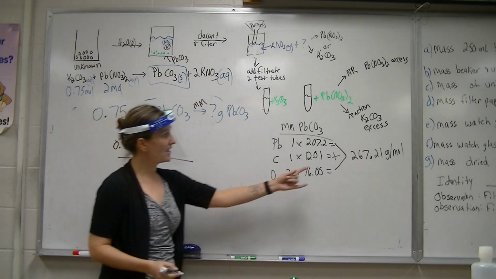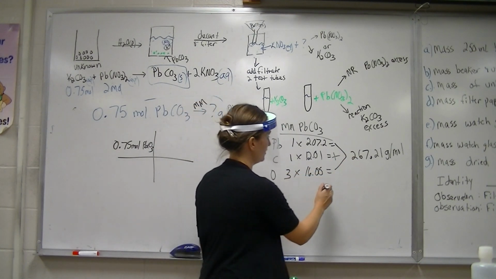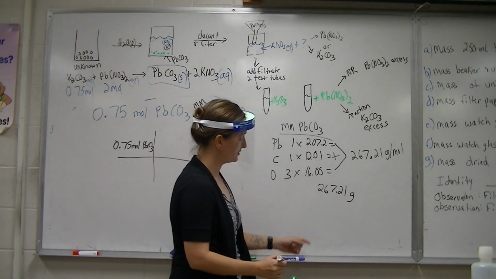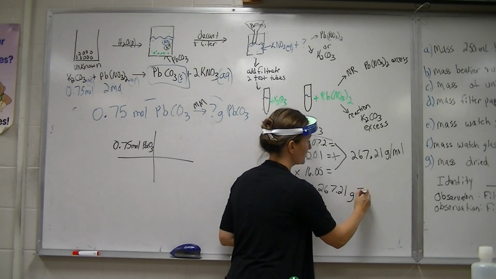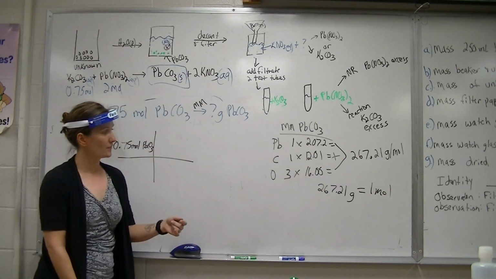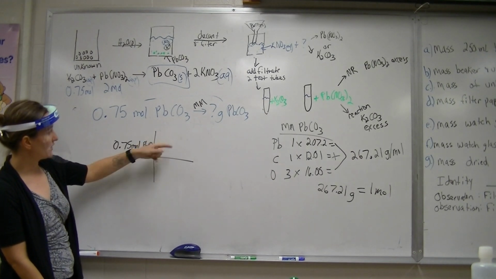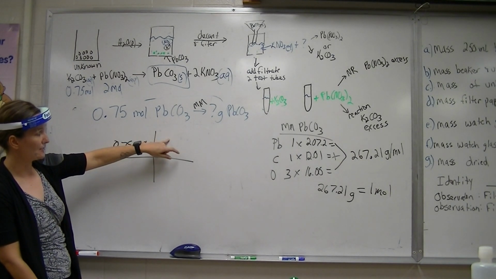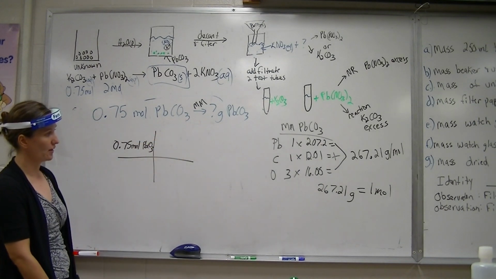Then I'm going to use this like it's a conversion factor. It's the same as saying 267.21 grams is equal to 1 mole. I'm going to plug this in so that the moles cancel out, and I want the grams to stay, because grams is what I'm solving for.